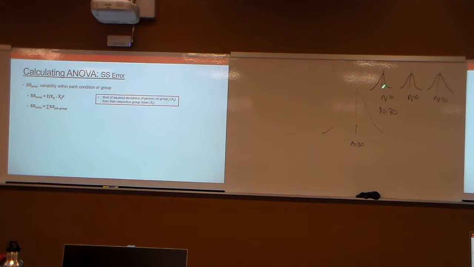So again, I'm just taking all the scores within that cell, subtracting them from the mean of that cell, and pulling all those together. That's going to give me my sum of squares error.